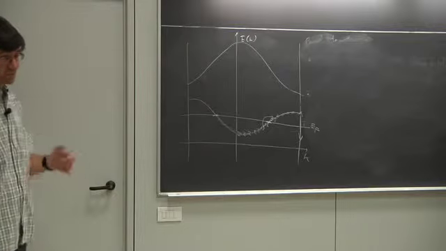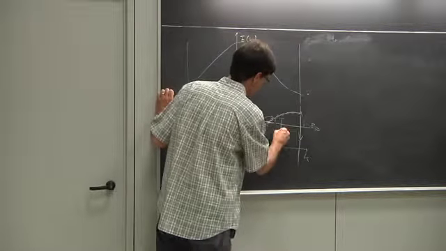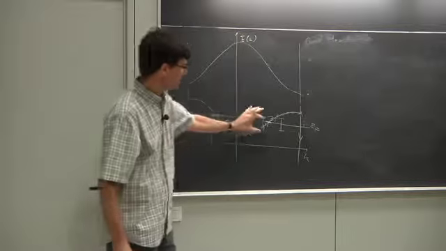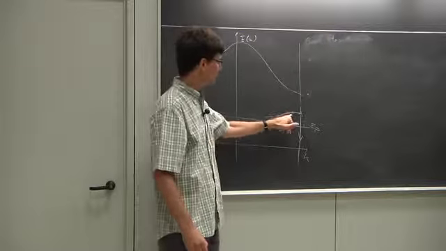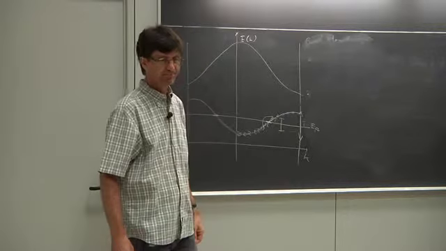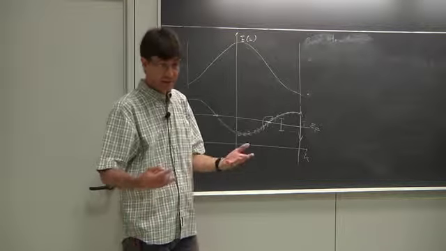Now the question, of course, since we are in business, is how broad is the range of energies where this transition from 2 to 0 takes place. Question for you. KBT, right?